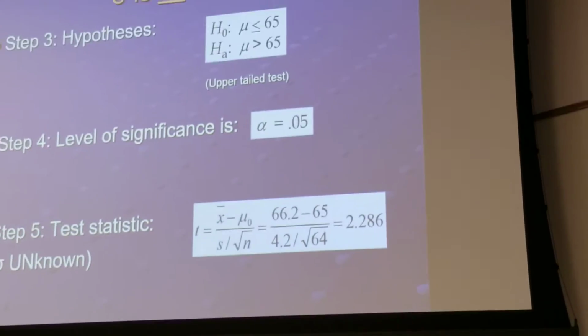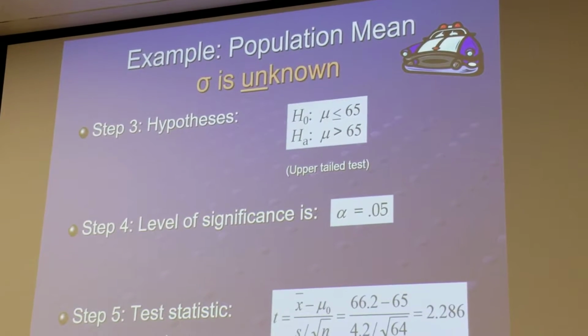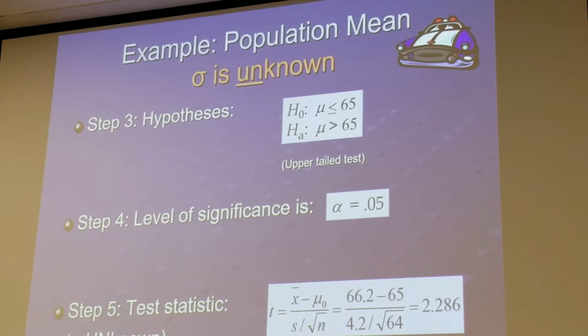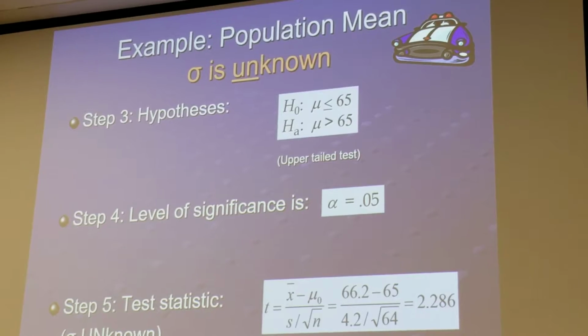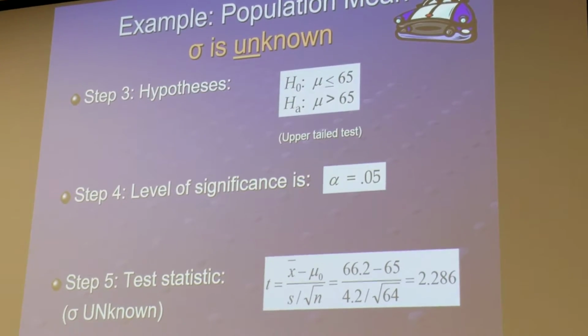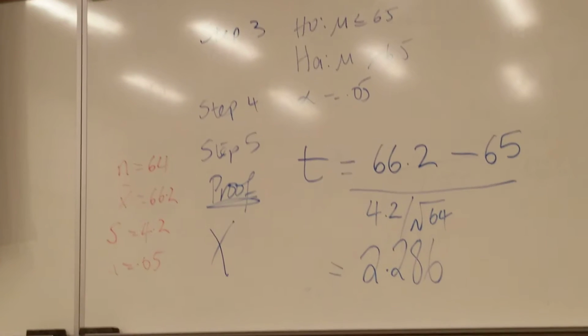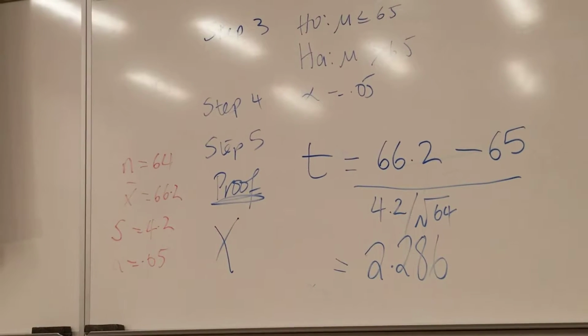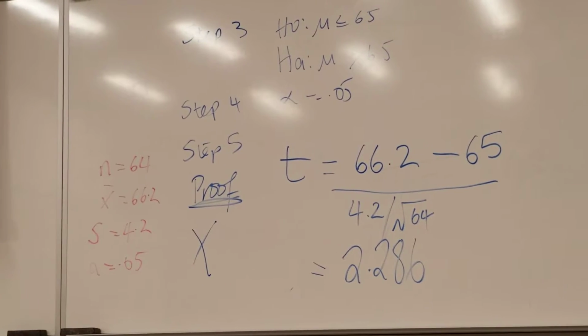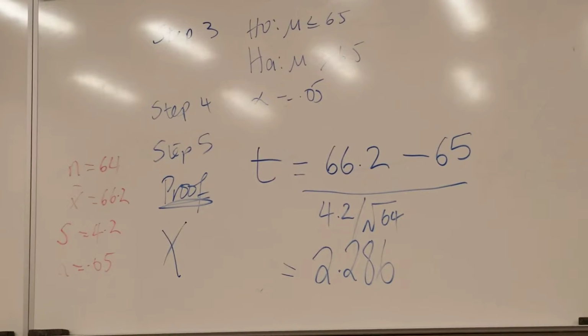Okay, so that gives me a t-score of 2.286. We do z-scores to 2 decimals and t-scores to 3 decimals. Is everybody good with me? There's really not much difference so far. You all good?